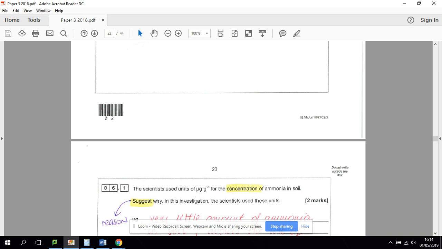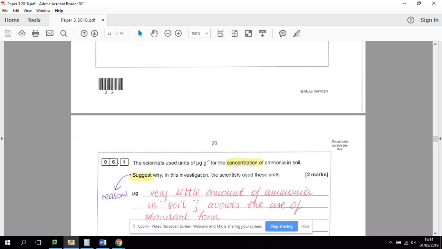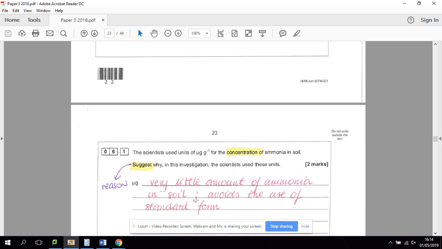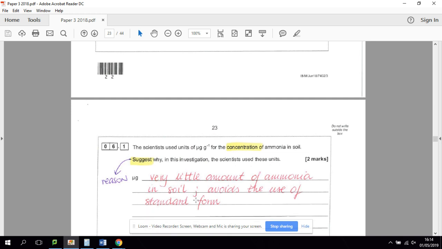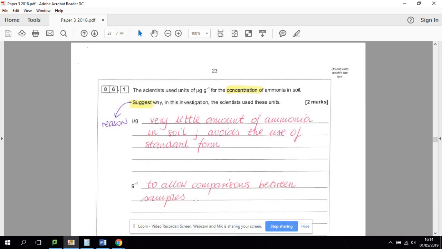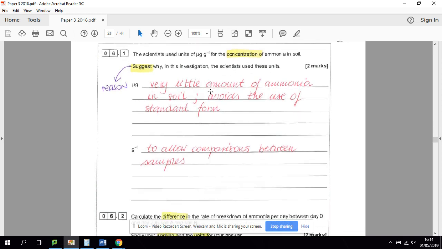So why would you use that? Because there was a small amount of ammonia. And why would they use grams? Because you're comparing, per gram. This is why we're using that.